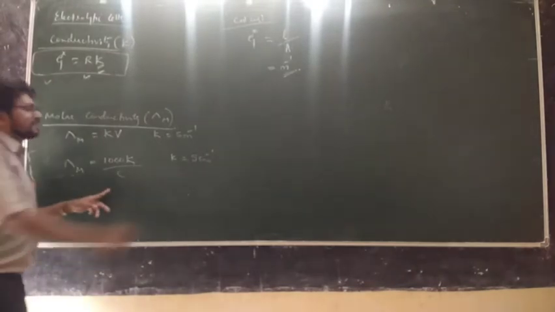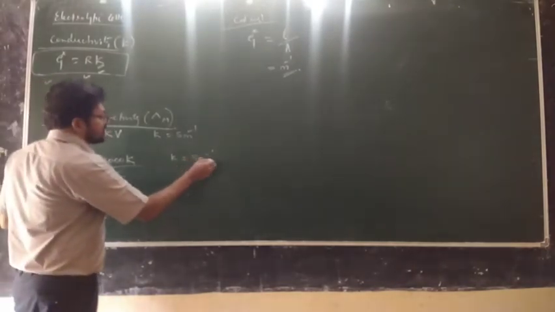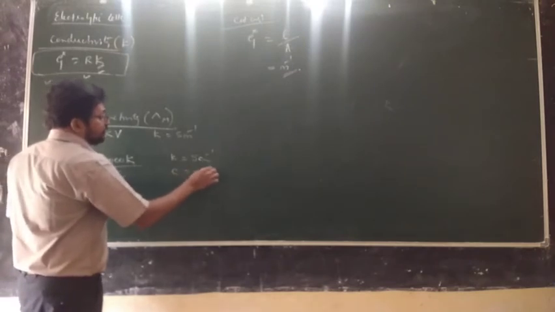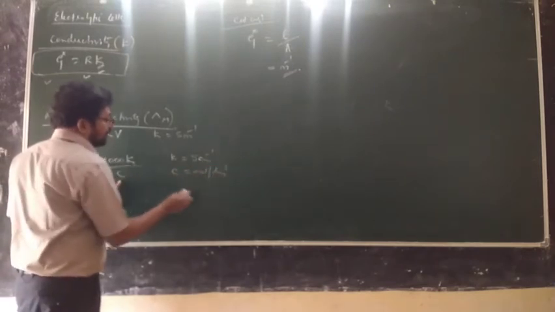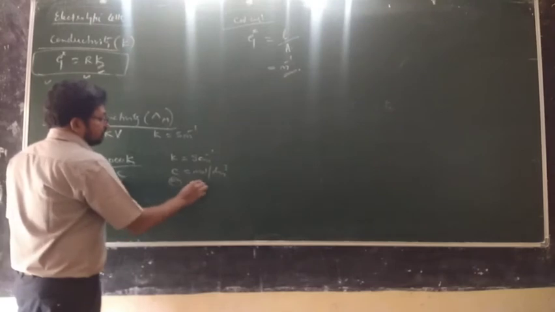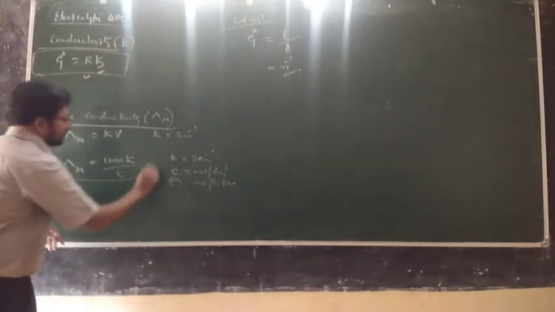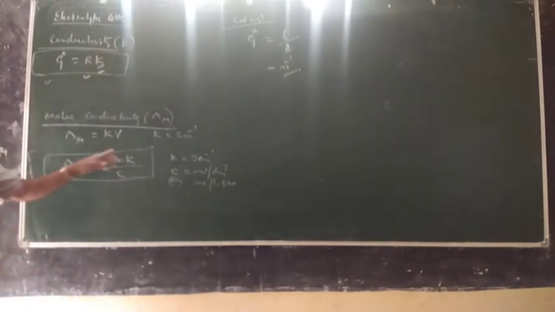Suppose this is in the CGS unit, S cm^-1, and molar concentration is always, it should not change, mole per decimeter cube or mole per liter. This should not change. Then the value becomes this in the problem, 1000 K divided by C.